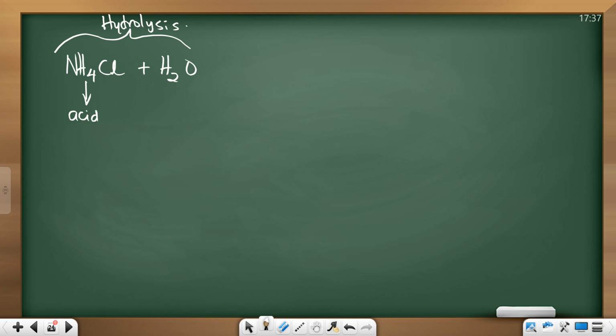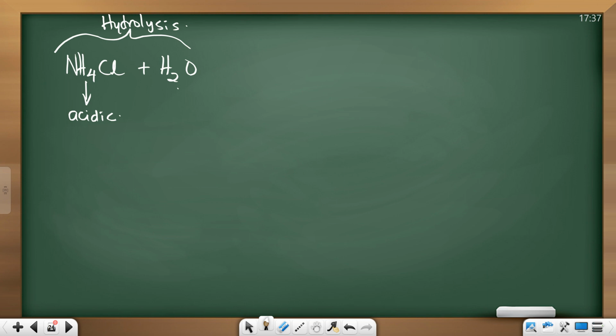I don't know if I'm making sense. Let's define an acid. An acid is a substance that forms hydronium ions when ionized in water. So we have already said this salt is acidic. It means if it ionizes in water, one of the products must be hydronium ions. Does that make sense?